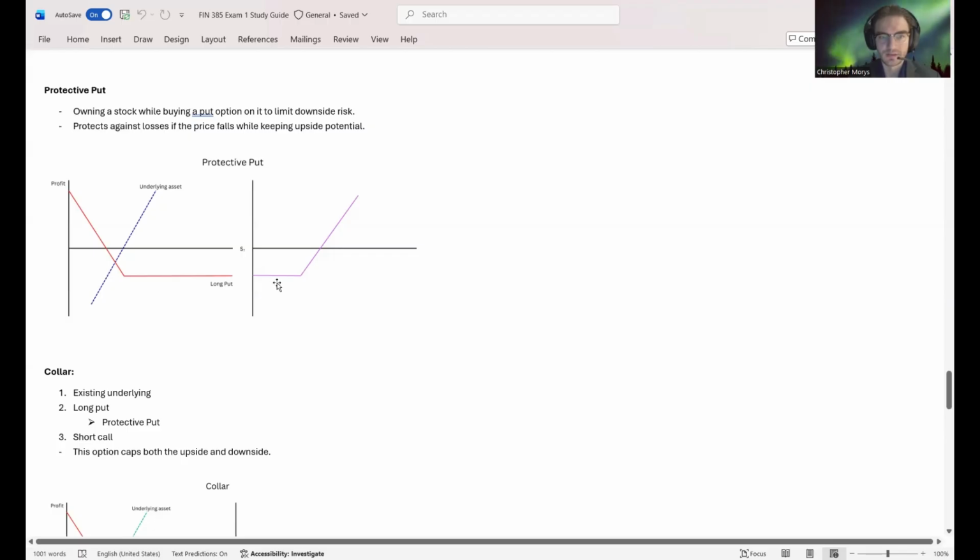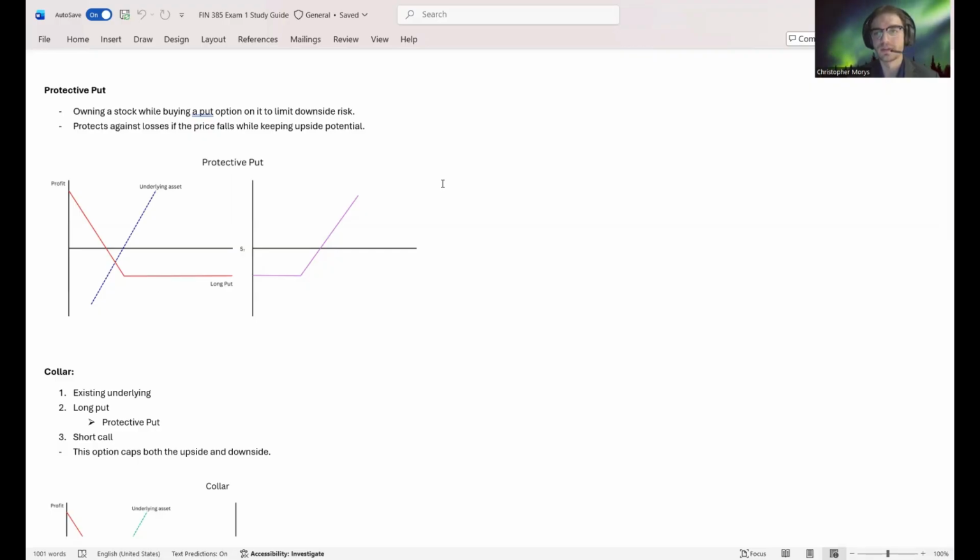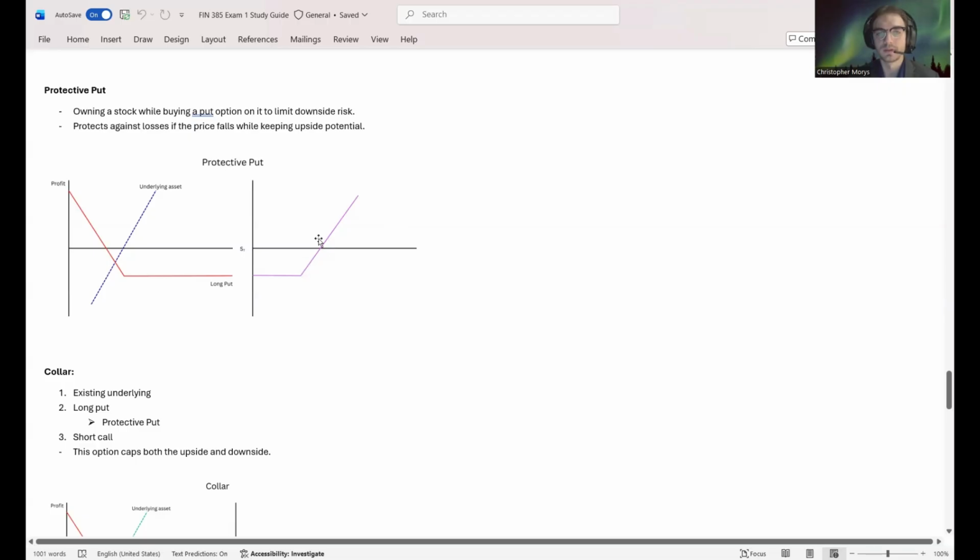This is because your loss will always come from the underlying asset that you own. If your capital gains become negative, you are offsetting that cost through your protective put here.